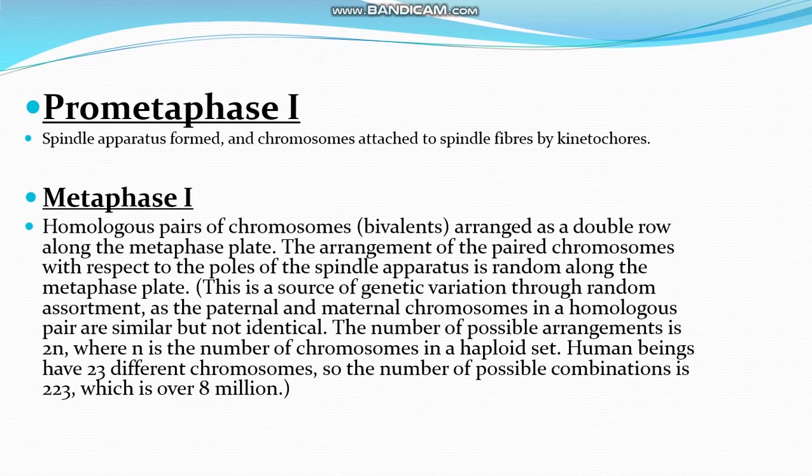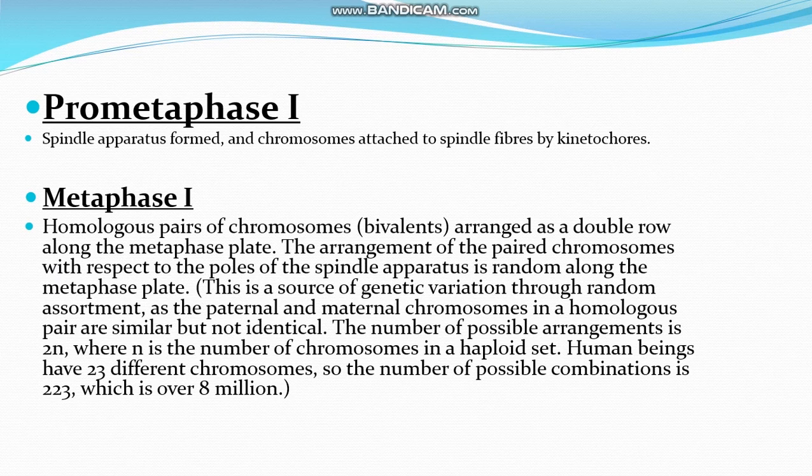The prophase 1 is followed by prometaphase 1. During prometaphase 1, the spindle apparatus is formed and chromosomes attach to the spindle fibers by kinetochores. Then comes the metaphase 1 stage. During metaphase 1, homologous pairs of chromosomes, or the bivalents, are arranged as a double row along the metaphase plate. The arrangement of the paired chromosomes with respect to the poles of the spindle apparatus is random along the metaphase plate.